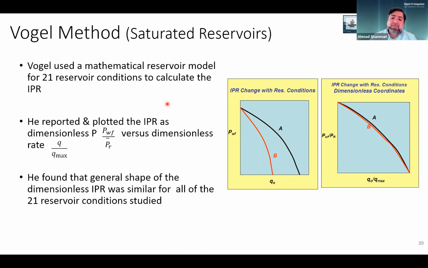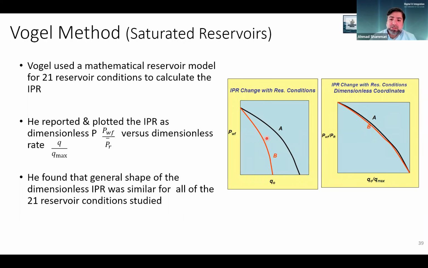Okay, and then he started to plot IPR as dimensionless pressure versus dimensionless rate. So let's assume that these are from the 21 reservoirs. He created 21 IPR curves.